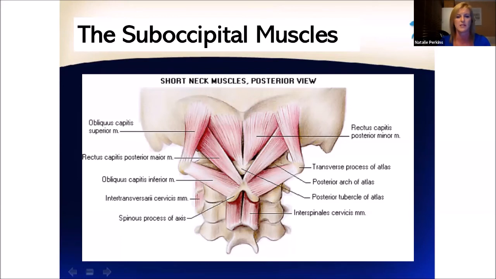You know, they do a bit of something and it's a bit better, but they haven't actually got that complete release. So as a clinician, I really encourage you to trust your feel, to do that palpation, feel that restriction, and not give up until you actually get a complete release of those muscles.